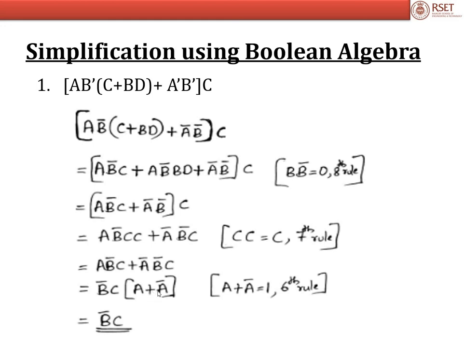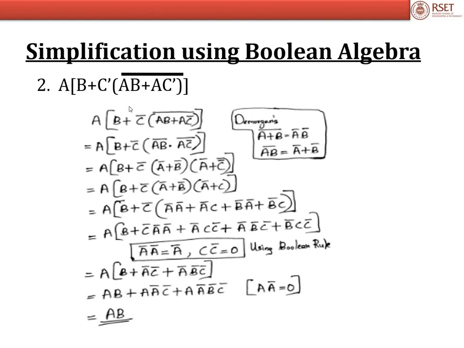So you'll get a plus a bar here. The 6th Boolean rule is a plus a bar is equal to 1. By applying that, we'll get b bar c into 1, which is nothing but b bar c. So you have simplified this expression and got only one product term, that is b bar c.